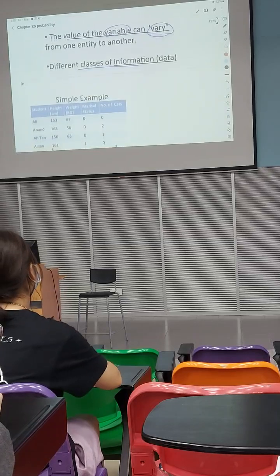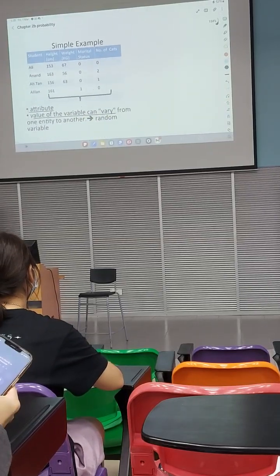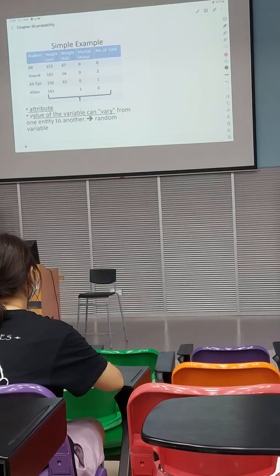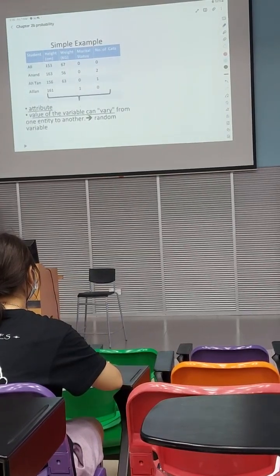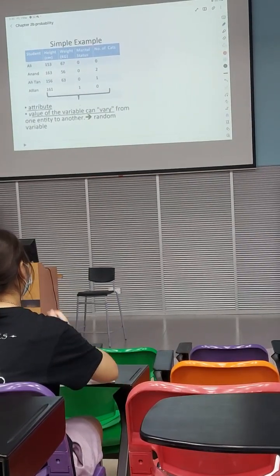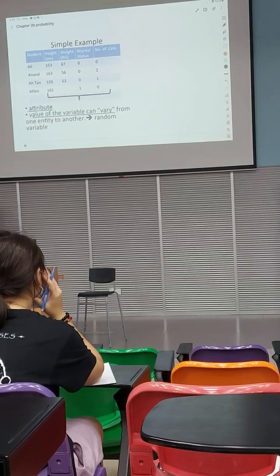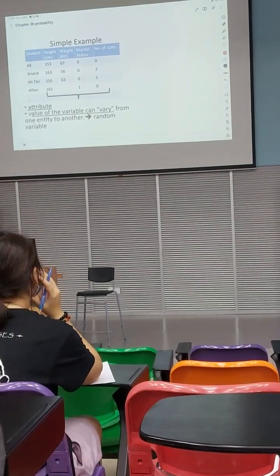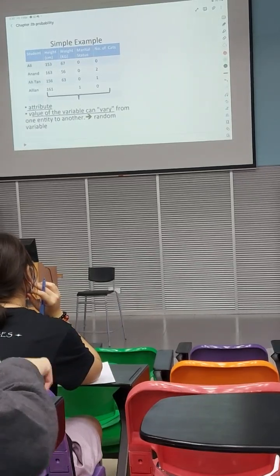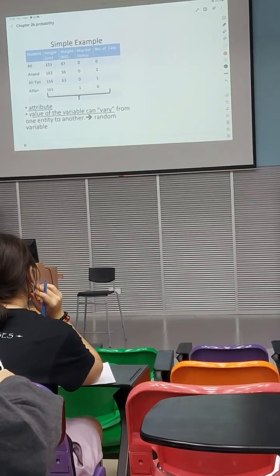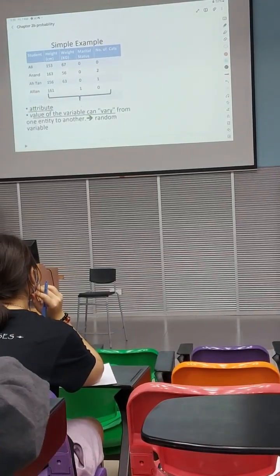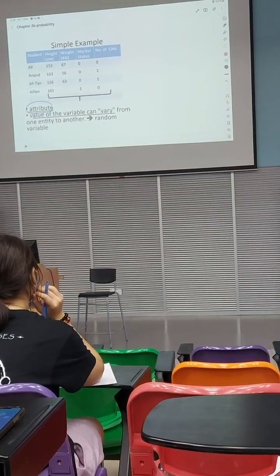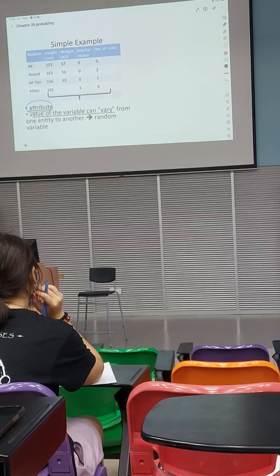Let us have a look at this simple example. Based on this table, we have five different categories: student name, height, weight, marital status, or number of cats. These are all called attributes. Remember, an attribute is something to describe anything.